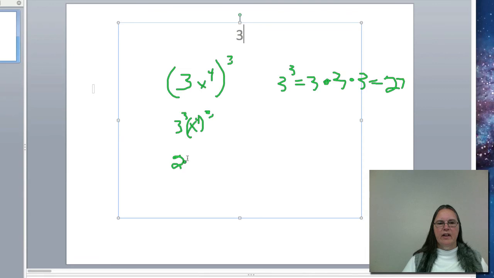So I have 27 here. The next thing I'm going to do is x to the 4th times the 3rd. So 4 times 3 is 12. We did both operations here. This is a power raised to a power. Therefore, it's multiplied together. Do you see?